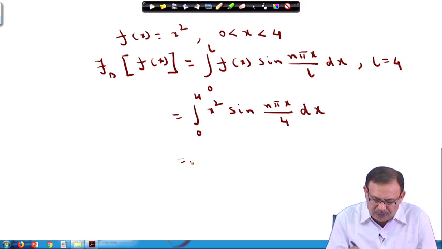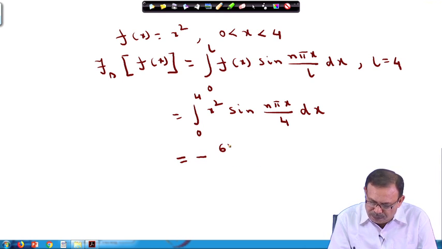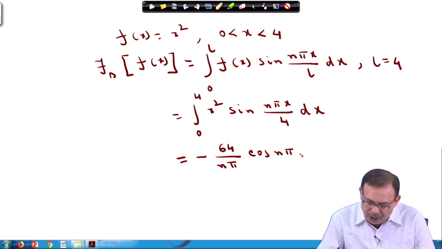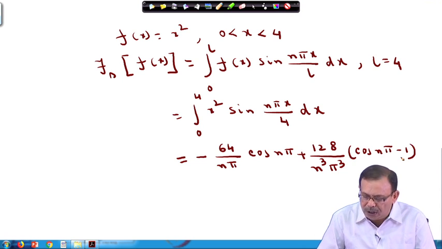the result is minus 64 by n pi into cos of n pi plus 128 by n cube pi cube into (cos of n pi minus 1). This will be the result.